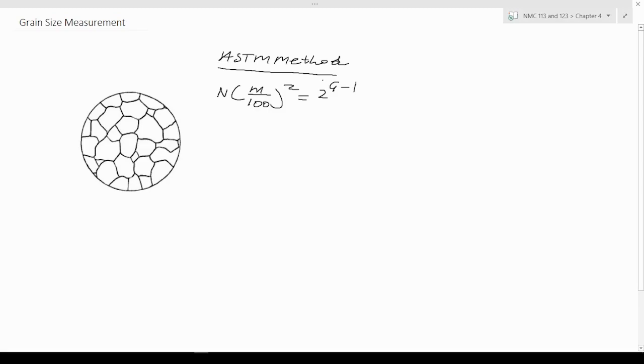So this is the ASTM method, and let me just identify all the components within the equation.